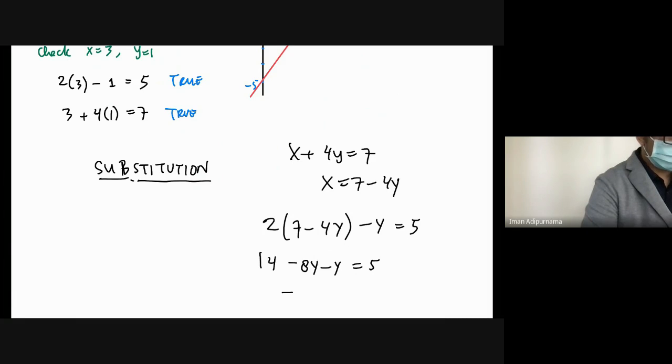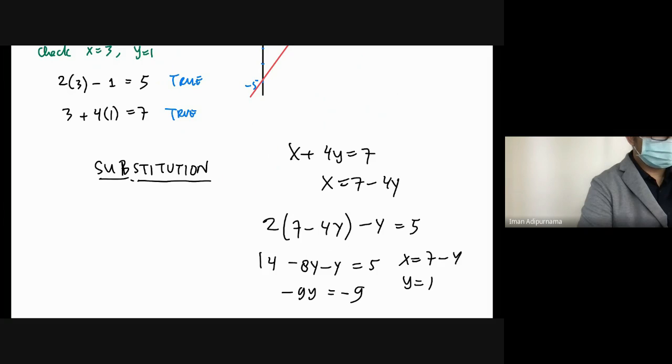So we have negative 9y, and negative 14 and 5, so this will be negative 9, right? And y will be 1. So x will be 7 minus 4, which is 3. So you can also get this solution correct with the substitution method.